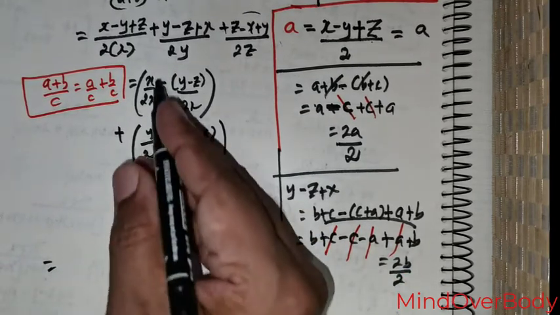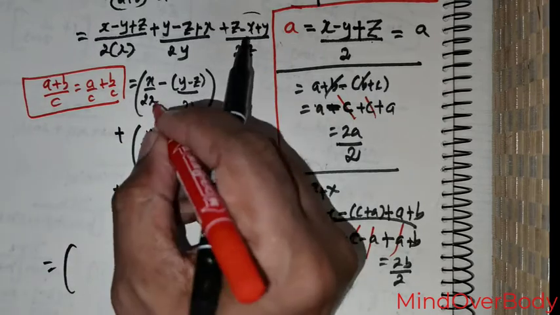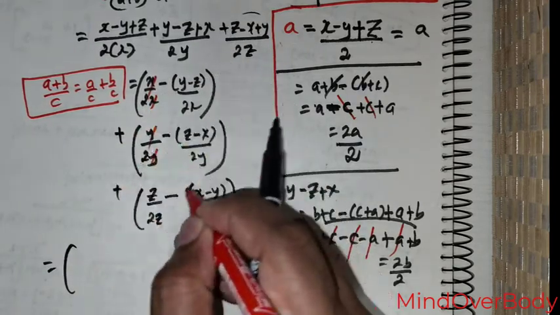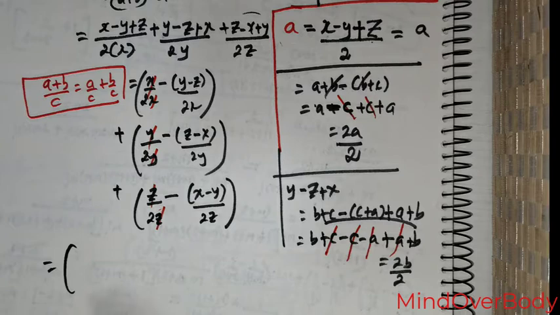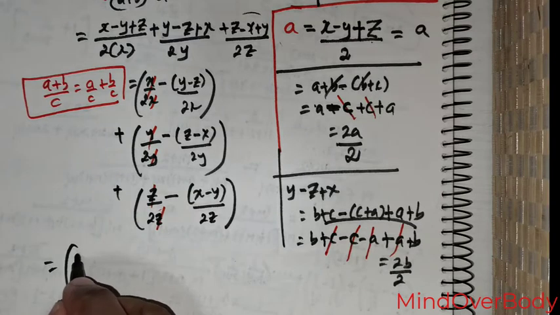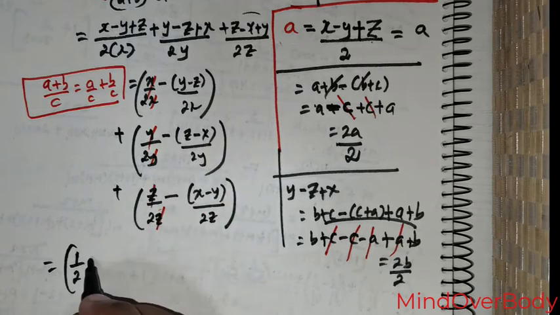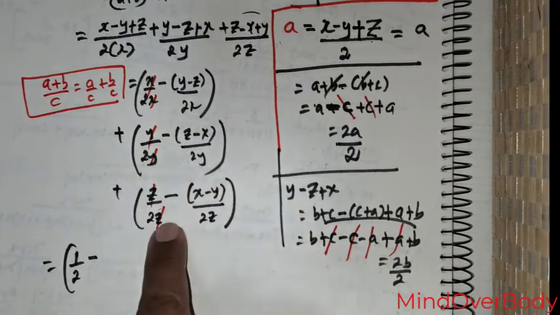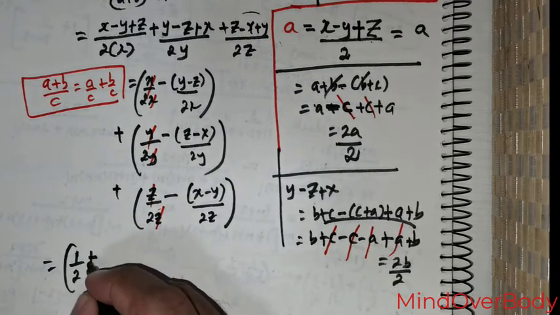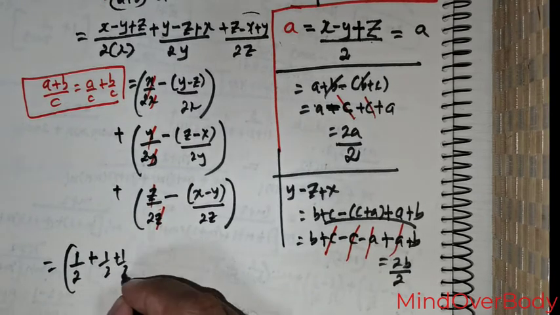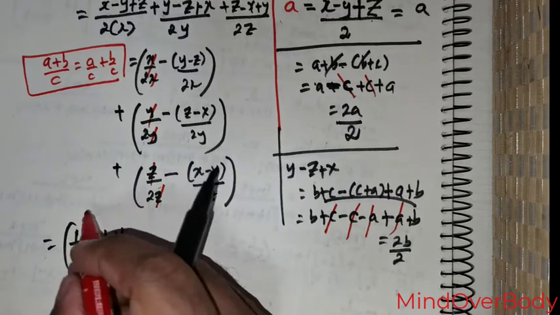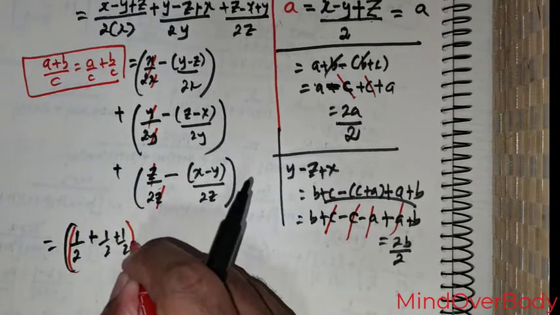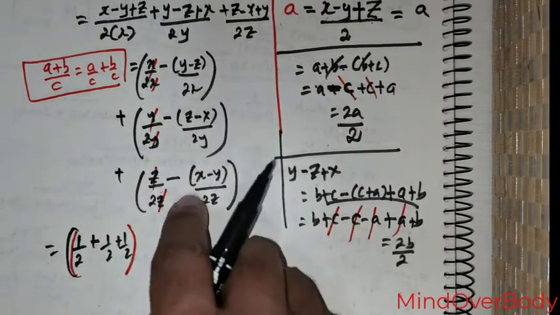Now this is equal to, I can cancel the x, y, z, and I can rewrite this as 1 over 2, negative, I can club all these things, see, 1 over 2, 1 over 2, 1 over 2, right? So let me just place these things within parentheses, and I got a negative, negative, negative.